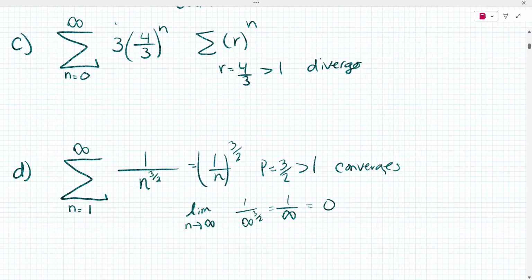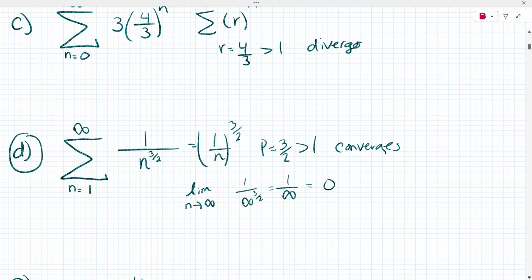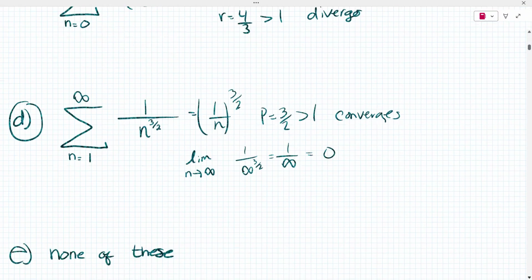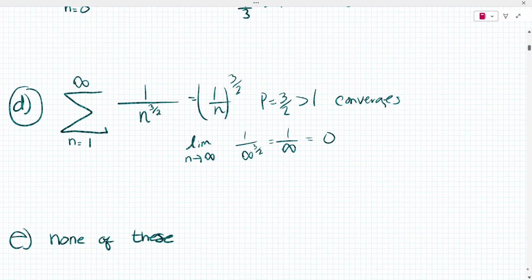So you could use a p-series, or you could just try plugging in infinity for n. So that would be letter D only. And letter E, none of the above, is false. We found that D is the only one that converges. Yes, you can definitely use Nice Penguins Goes Camping In The Arctic Region to help figure out which test you can use.